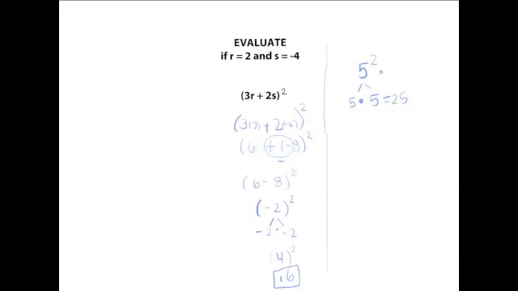But what people will do is they'll see 5 squared, and then they'll tell me that the answer is 10. And that's not true, right? Because 10 would mean that we would have to have 5 plus 5. So remember, that's a big no-no. We do not want to do that. So be careful and make sure that you're multiplying and not adding them. Because when we're in a rush, that's usually the common mistake.